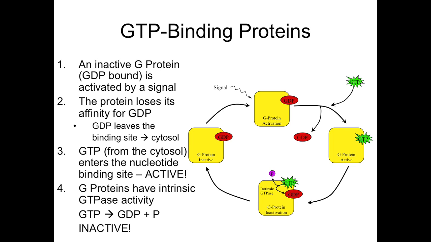That's not true for all of them, but many of them only stay active for a short while. So if you want to continue the signal or continue the activity of the protein, you have to continuously reactivate it. Because they have an intrinsic GTPase, which after a short while will cleave the GTP, will hydrolyze the GTP, removing a phosphate, and resulting in the protein being bound to GDP, which is the inactive state.